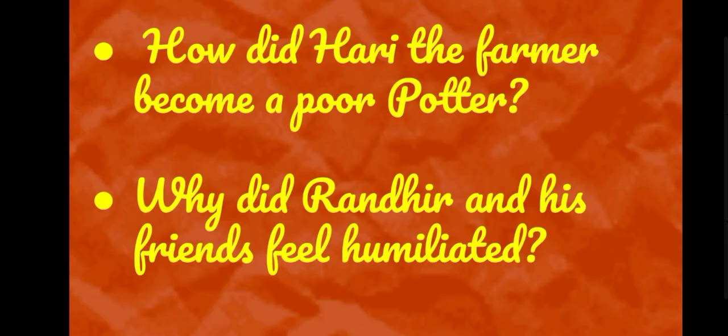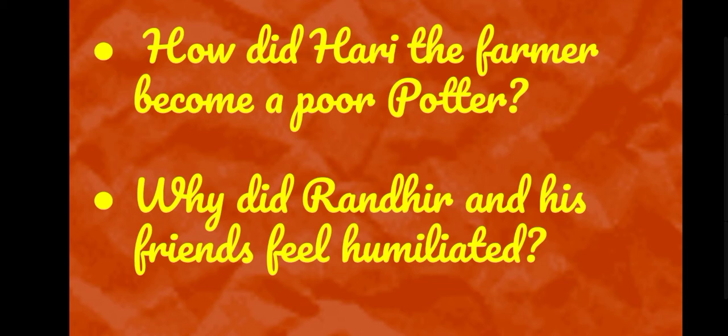So, how did Hari the farmer become a poor porter? Hari, the farmer, was forced by the British to grow indigo instead of food grains. The indigo he grew was taken away by the British for trade.